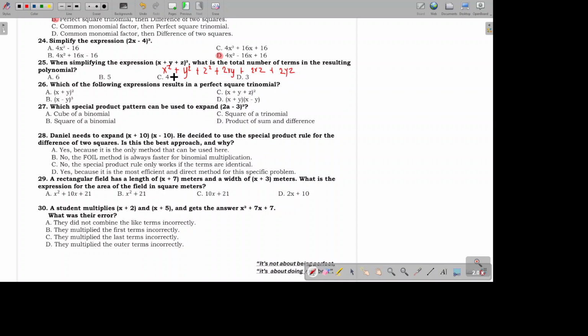Therefore, we have 1, 2, 3, 4, 5, 6 terms. So the answer is letter A.